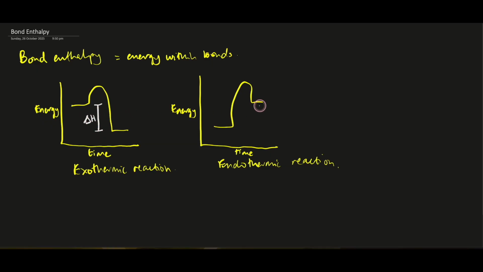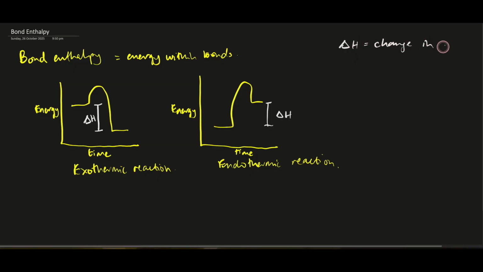Okay. And delta H, we can define that as the change in enthalpy. Okay. And it's calculated by determining the difference between the energy of reactants and products.